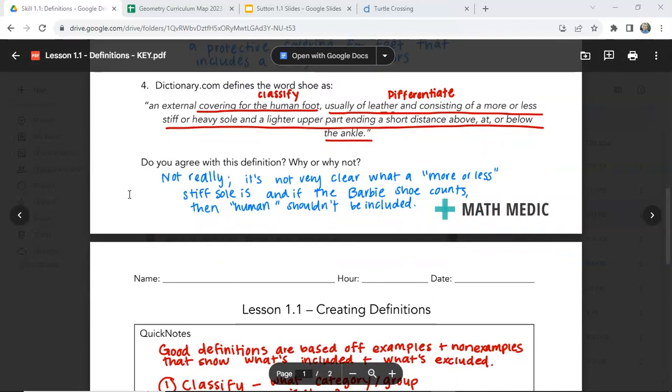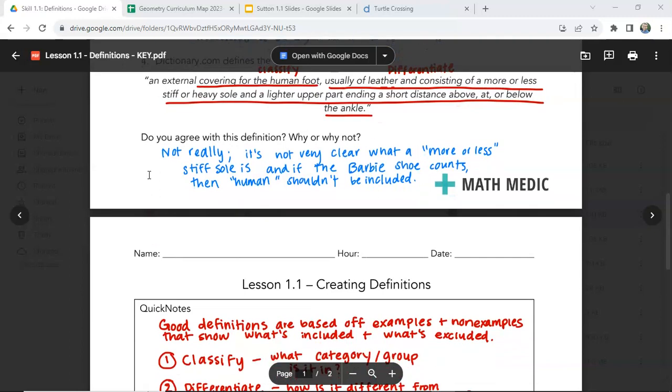We're going to say no, not really, because it's not very clear about what a more or less stiff sole is, and if the Barbie shoe counts, then human shouldn't be included, right? Because we know that dolls can have shoes. It's not just humans that have shoes. You might even have some kind of shoe for your pet. So I think shoes don't have to be exclusive to humans.